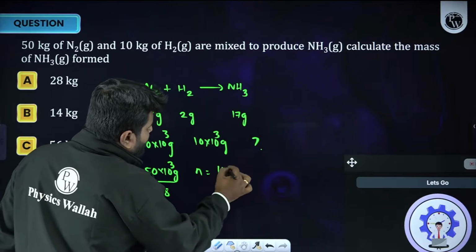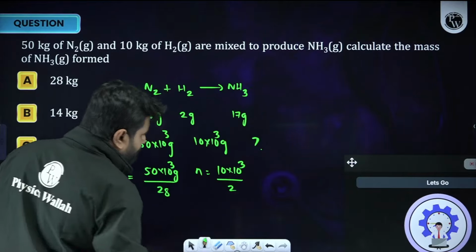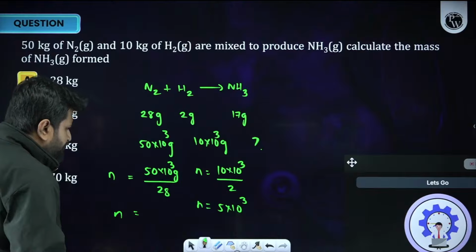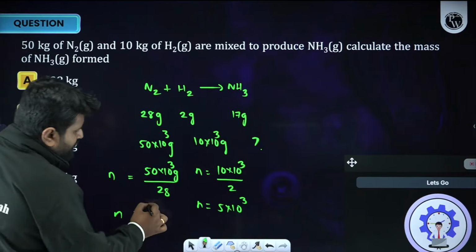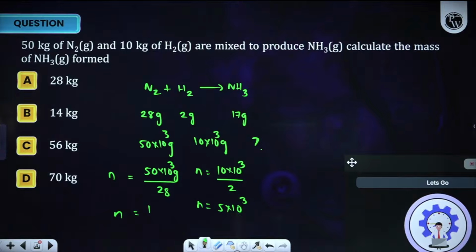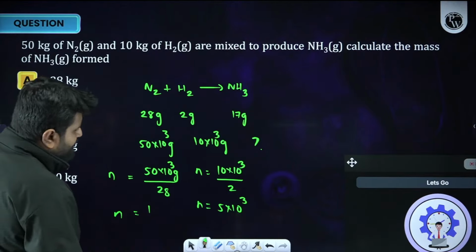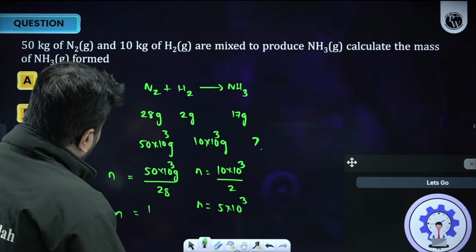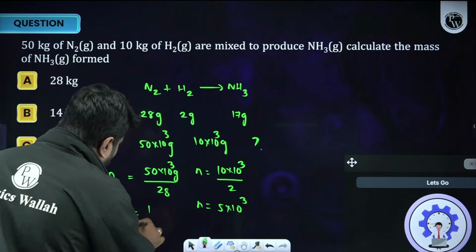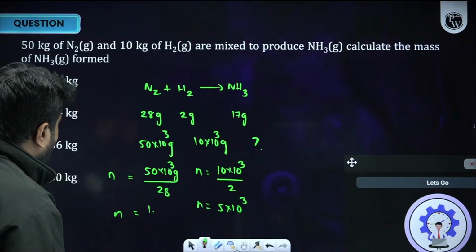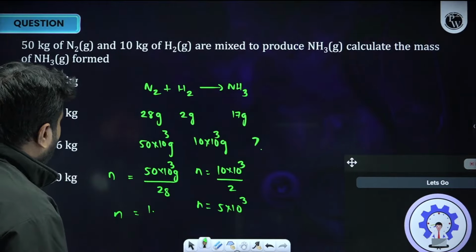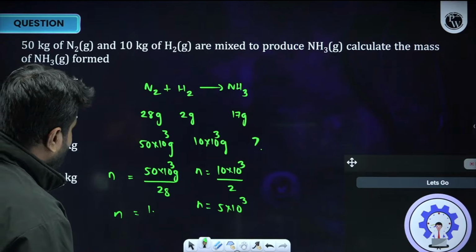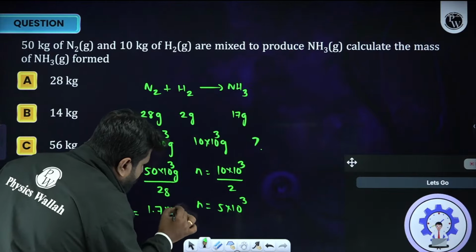What value will we get? 5 into 10 to the power 3 divided by 28. 28 twos are 56, 28 ones are 28, so we can go with 7 times. 7 eights are 56, 7 twos are 14, 19, 196. Yes, exactly, 1.7 into 10 to the power 3 mole.